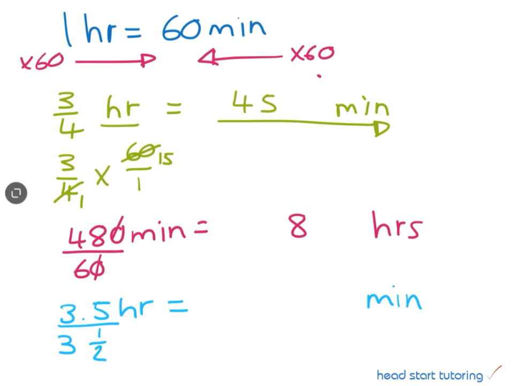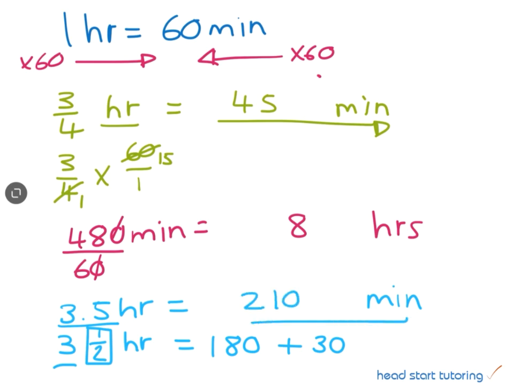So 3.5 hours is 3 hours and a half, and I know that 3 hours is equal to 180 minutes because that's 3 times 60, and half an hour is equal to 30 minutes because that's half of 60 minutes. So I've got 180 plus 30, which gives me an answer of 210 minutes. So 3.5 hours is equal to 210 minutes.